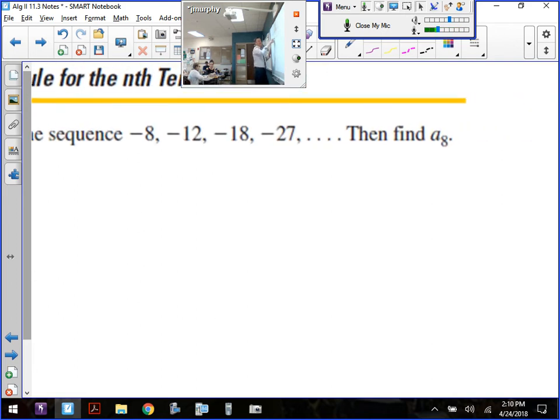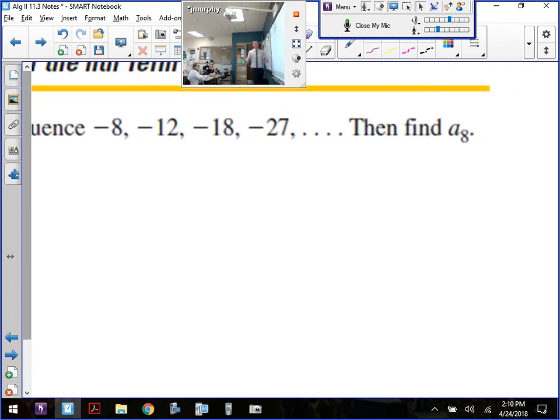Just like we did the other day, we'll break this into a couple parts. Write the rule for the sequence, then find the 8th term. If I have -8, -12, -18, -27, I got to figure out what my common rate is.